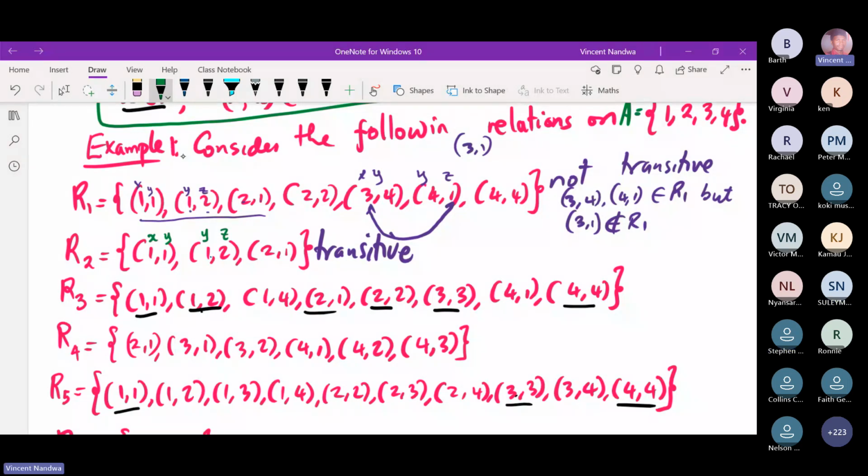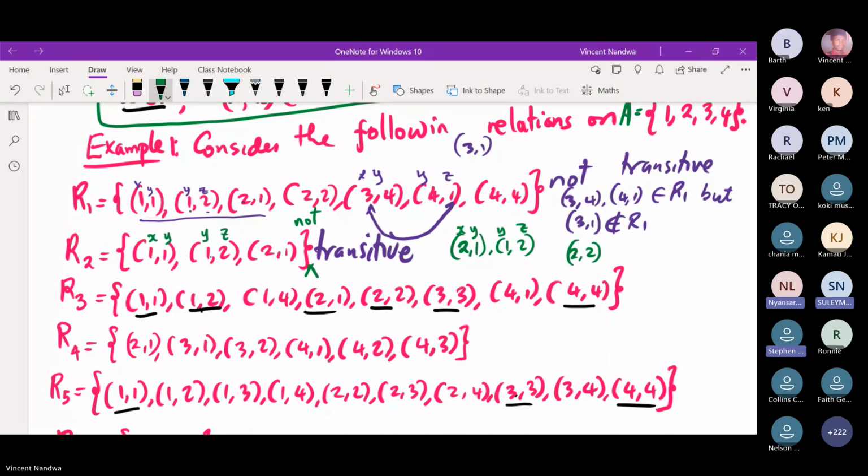Okay, actually you have a point, that is true. This one is not transitive. You see, we have 2, 1 and we have 1, 2. It doesn't matter the order in which we write them. If this is our X, these are Y, these are Y, these are Z, then we need to have a 2, 2, which is lacking.